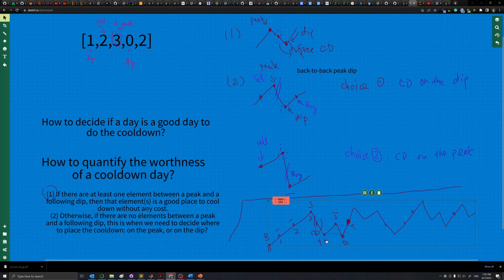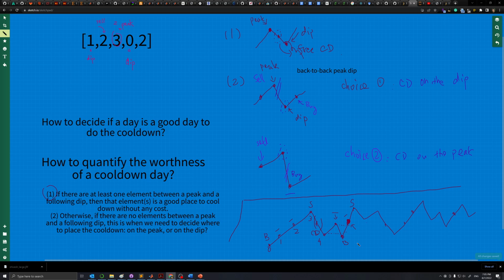Yeah, this is still all getting overcomplicated. So the best thing to do, I guess, in this locality is to buy here, and don't sell until here. Maybe we don't do anything here.